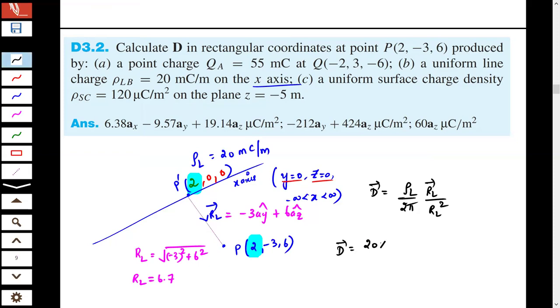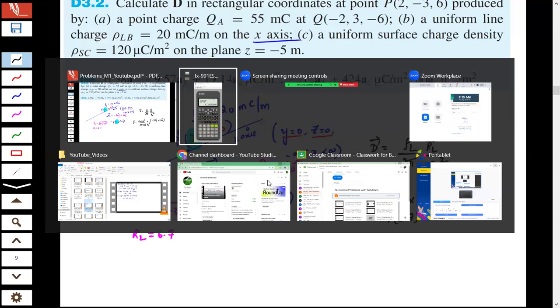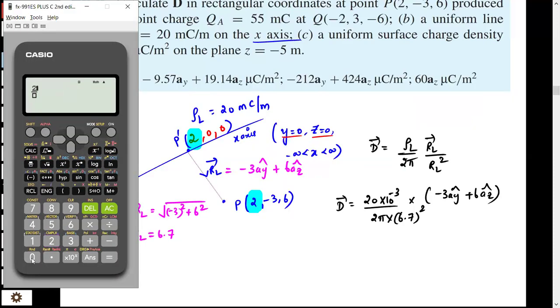So we can make all these substitutions to get flux density. Rho L is 20 milli divided by 2 pi and 6.7 square, multiplied with vector R, which is minus 3 ay plus 6 az. So we can make use of the calculator and do the computations quickly. That is 20 milli divided by 2 into pi into 6.7 square. This has to be multiplied with 3, and let me represent this in micro as well.